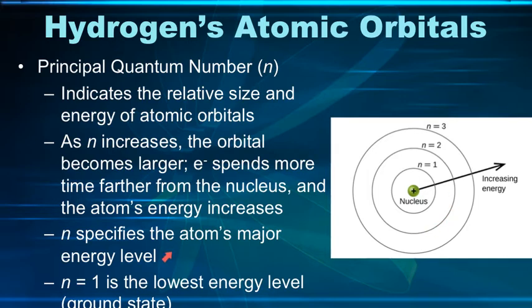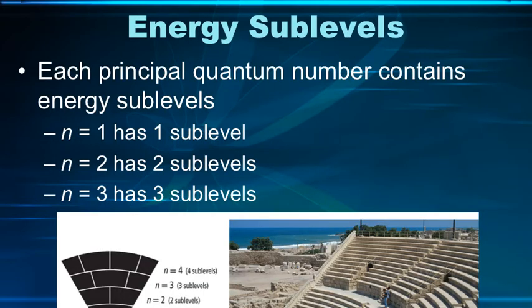n specifies the atom's major energy level. So these are major energy levels. We call them, again, the principal quantum number. n equals 1 is the lowest energy level, that's the ground state. You can go all the way out to n equals 7. Theoretically, you can go beyond that, but n equals 7 is the last real one. Each of those principal quantum numbers from 1 to 7 contain energy sublevels.